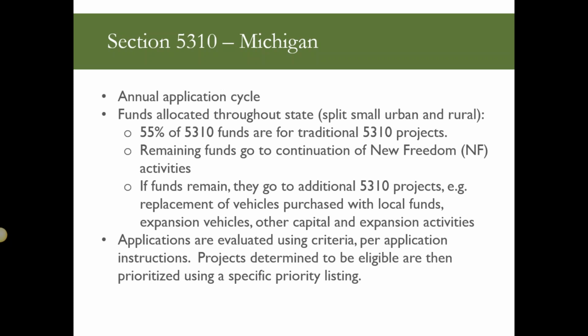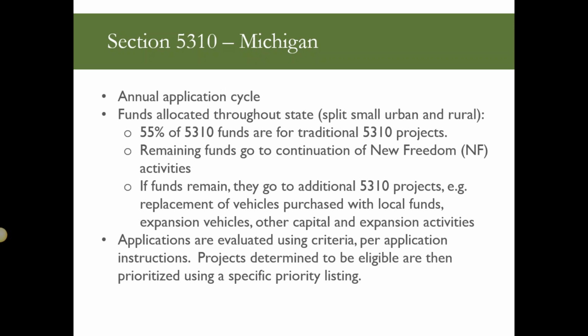And if we have any funds after those projects are funded, then we will go to the 5310 projects for replacement vehicles or vehicles that were locally purchased, expansion vehicles.